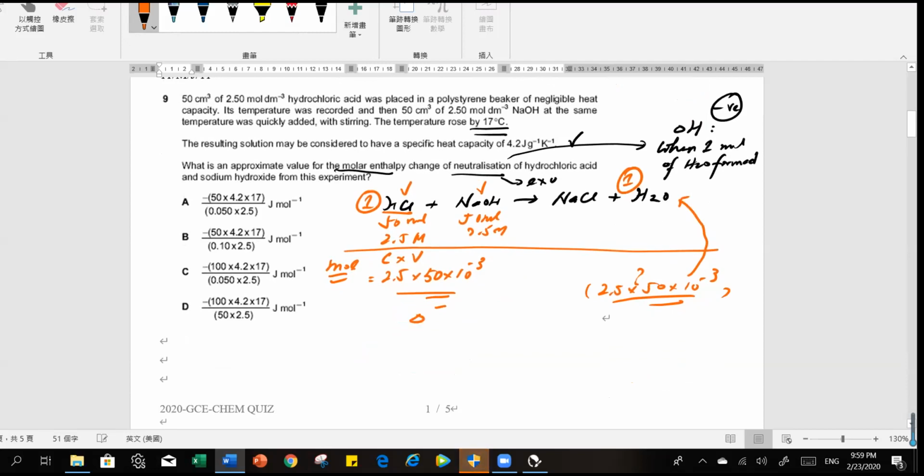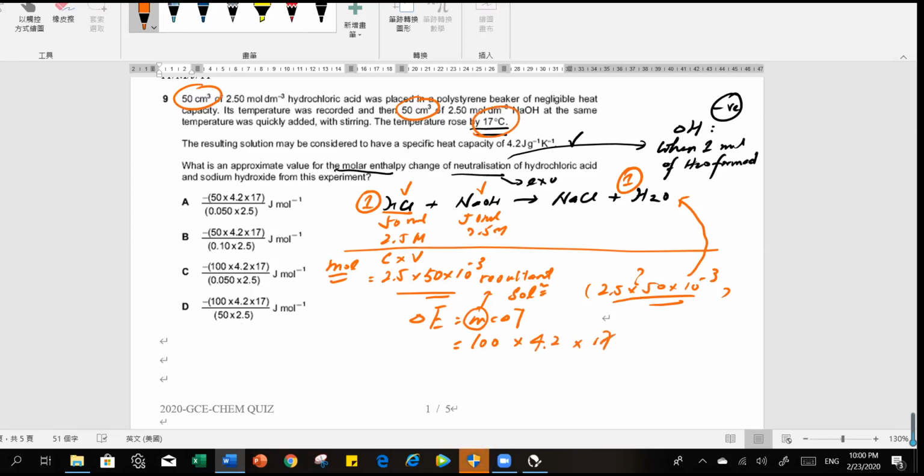Then we use delta E equals mc delta T to work out the total amount of energy released from the neutralization reaction. Now M is the mass of the resultant solution. You have 50, right? So it will be 100 cm cube, and we always assume the density of water is 1. So 100 cm cube equals 100 gram times specific heat capacity times the temperature rise, right?